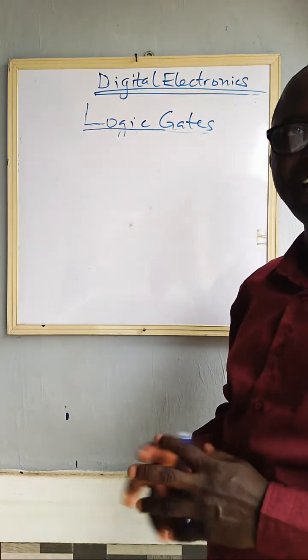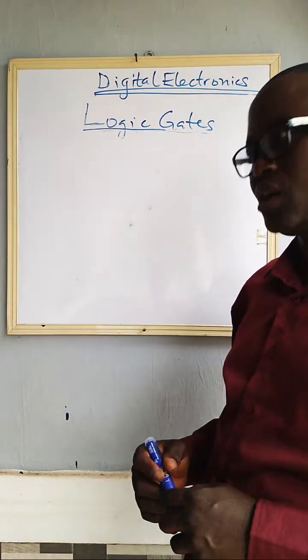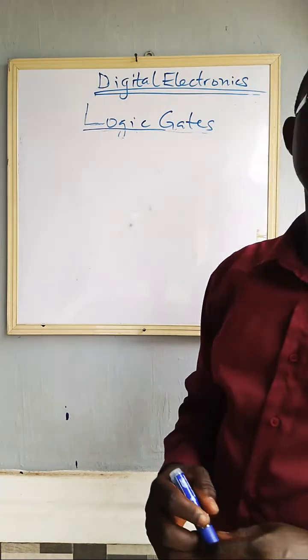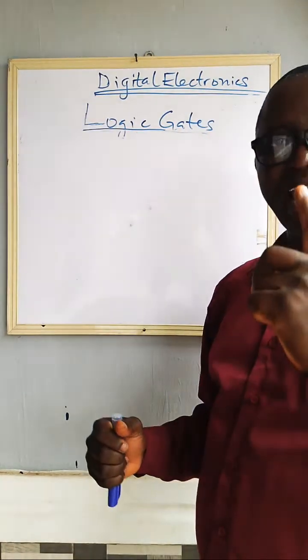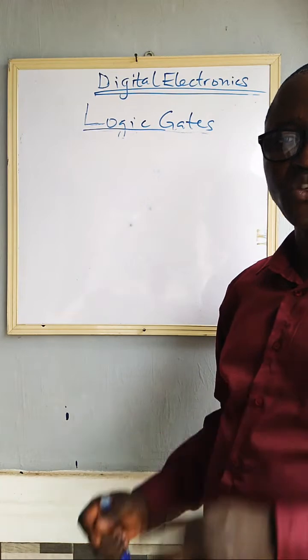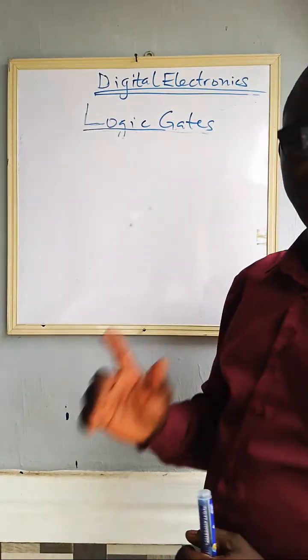It gives us the direct opposite of what we get from the logical AND gate. So when the AND gate is supposed to give a low, the NAND gate gives a high. When the AND gate is supposed to give a high, the NAND gate gives a low.